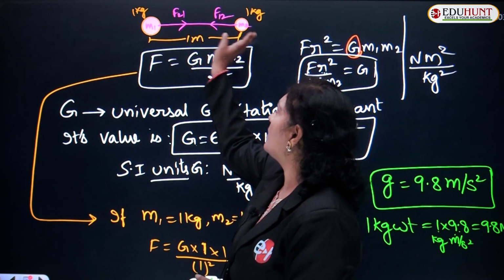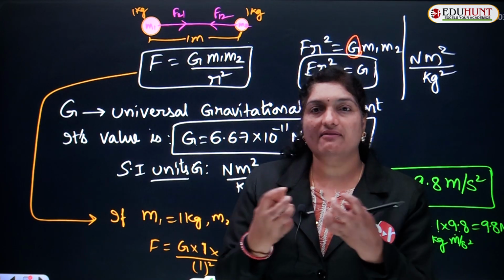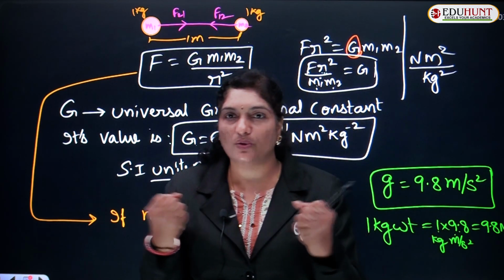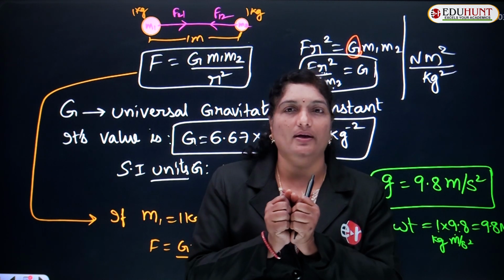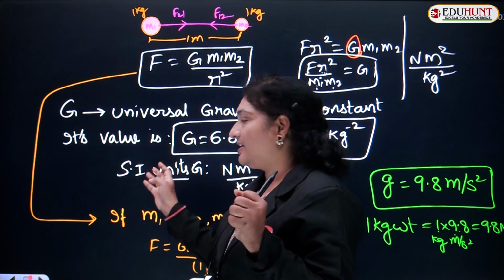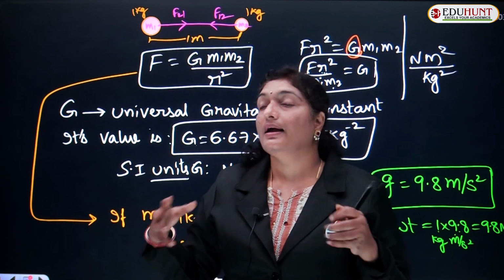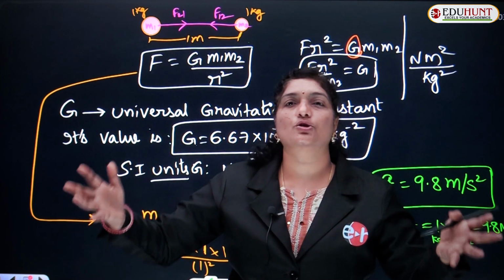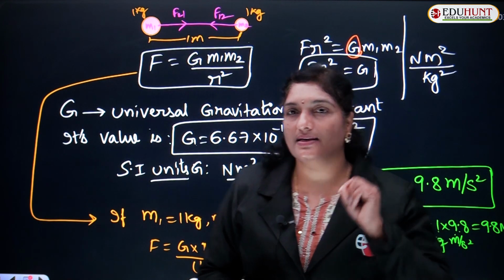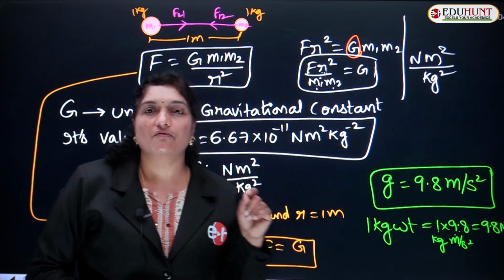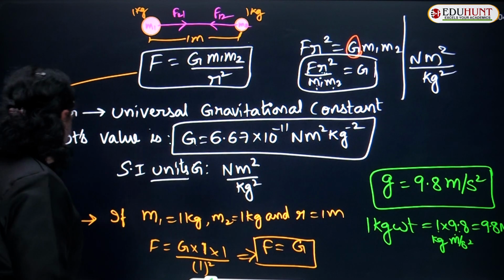No contact is needed for the universal gravitational force to act between two bodies. So this force can act even when the two bodies are kept at a distance. Hence, the first characteristic is that this force is also called a force at a distance.